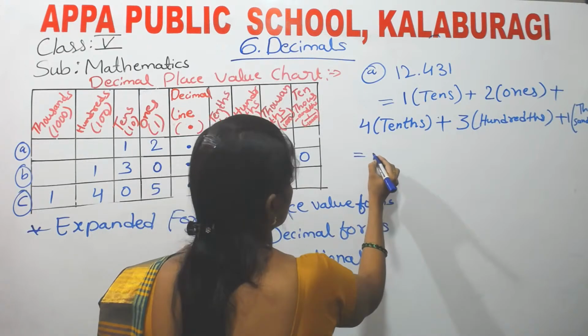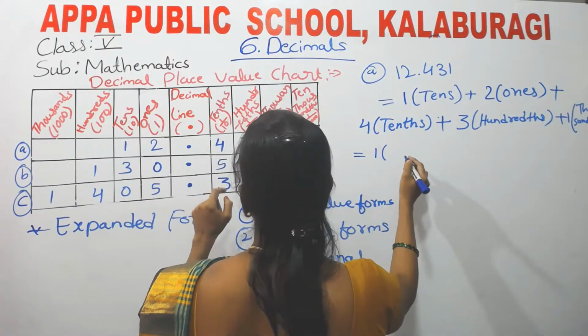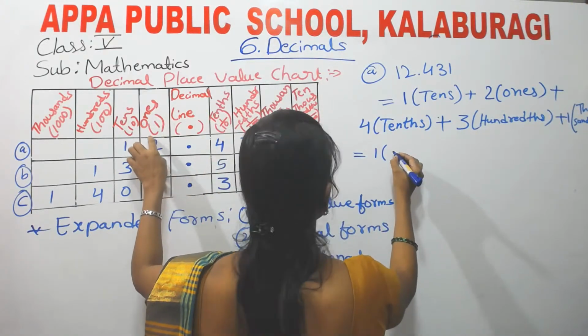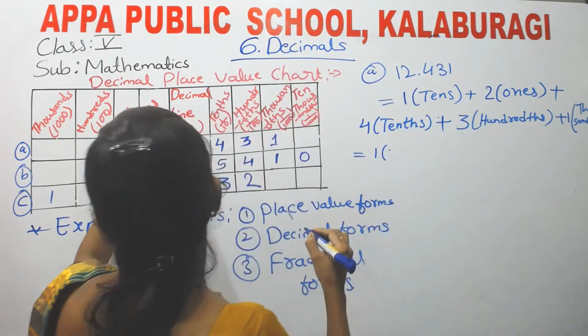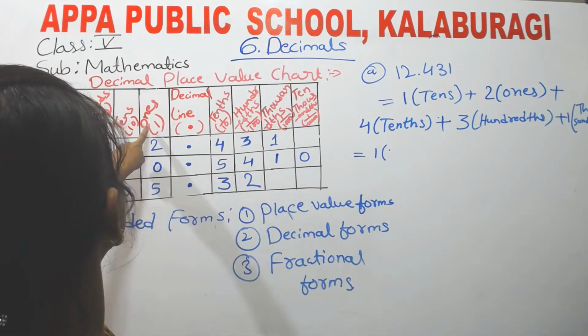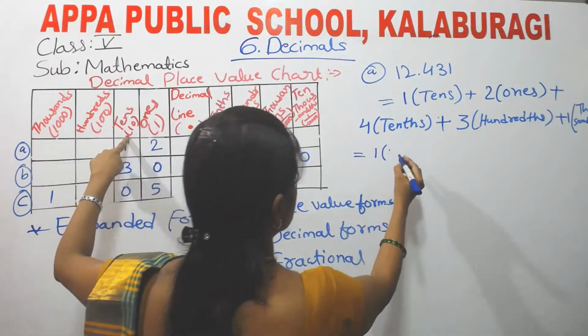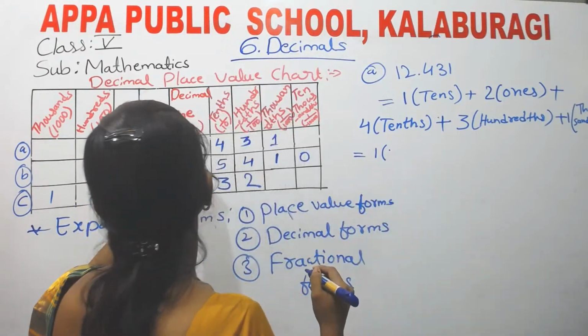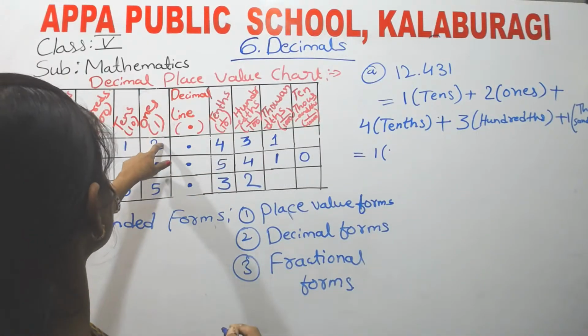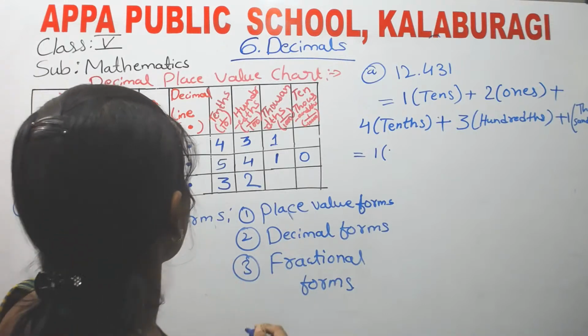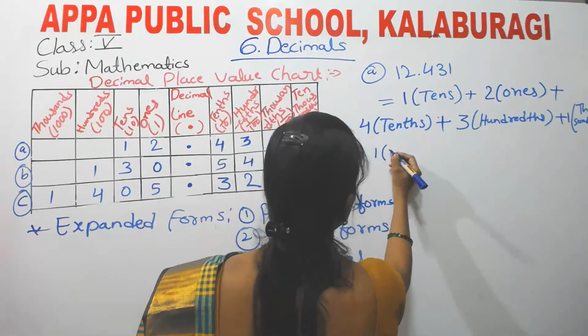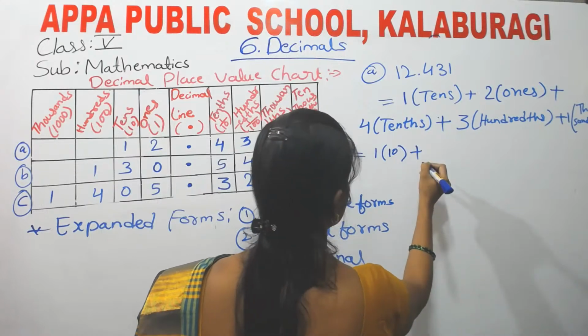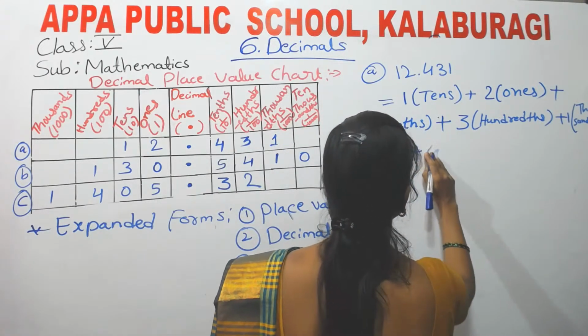Next, that is 1 into 10, means you multiply by 10. 1 is in tens place: ones, tens.